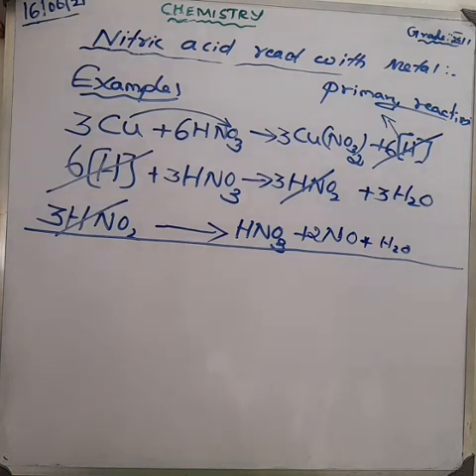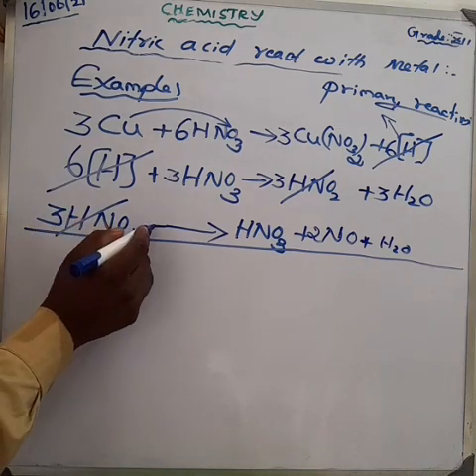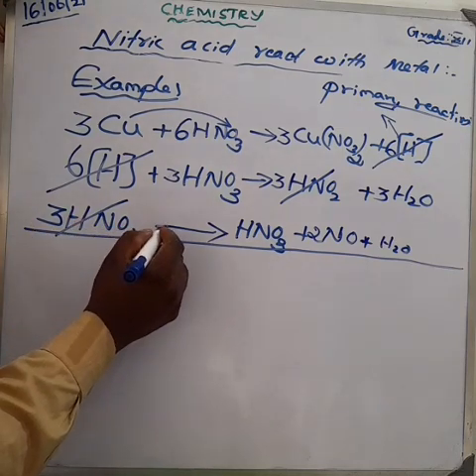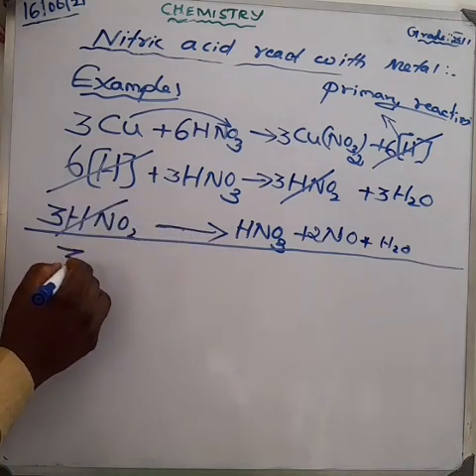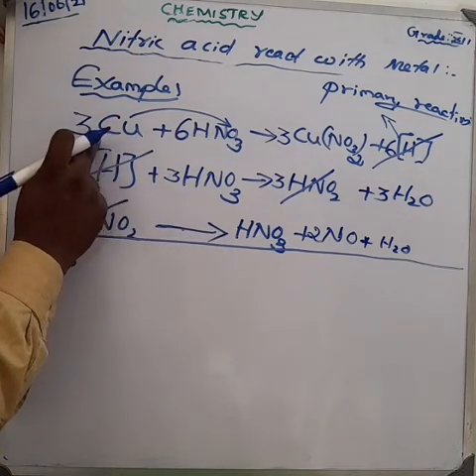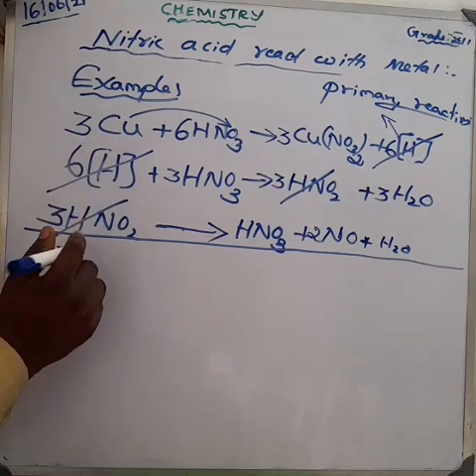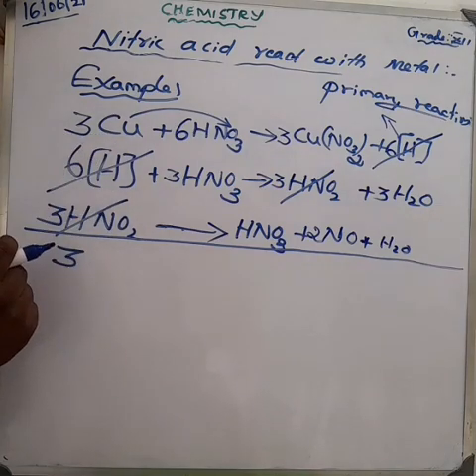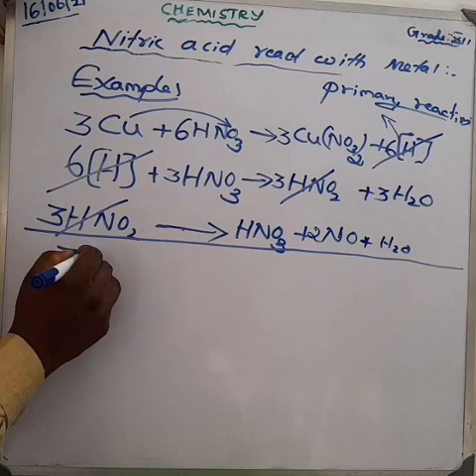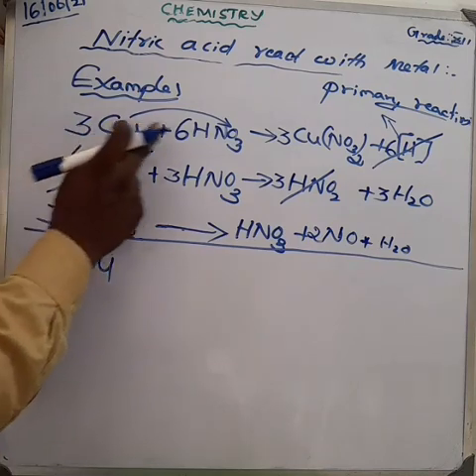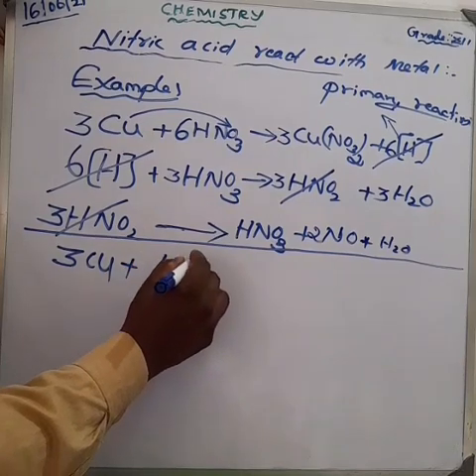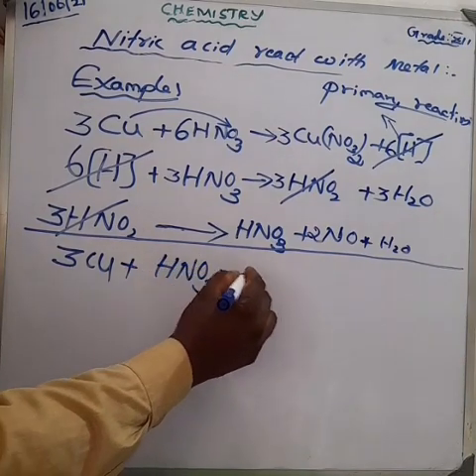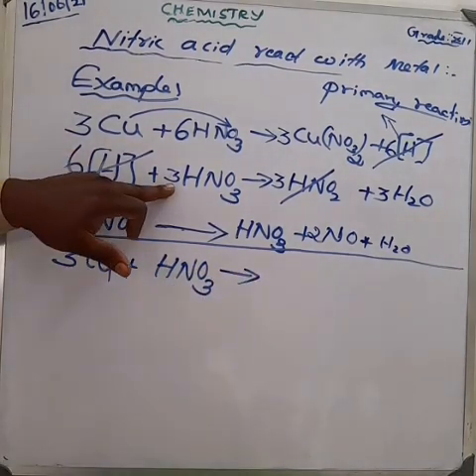So, how can you... 6 plus 3? Okay. Copper. How much copper is there? 3 copper. 3 Cu. Copper plus HNO3. 6 plus 3 is 9.